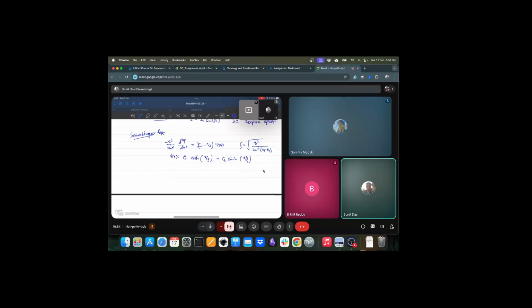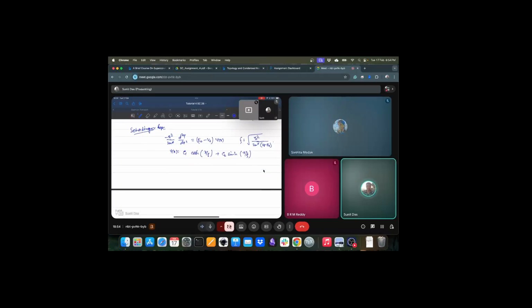Okay. Now from this we can calculate the current. So the current density will be 2e star by m star times real part of psi star, minus i h bar grad psi.